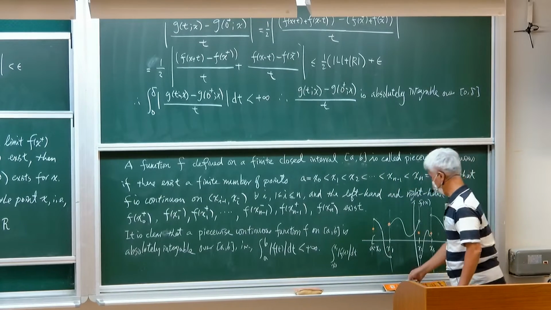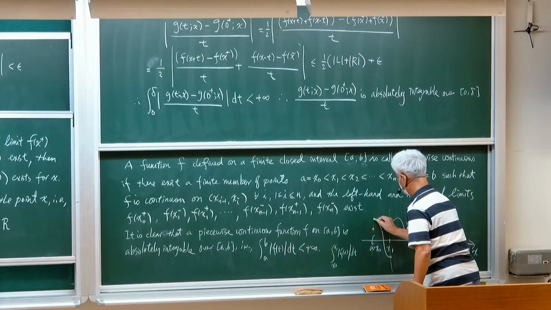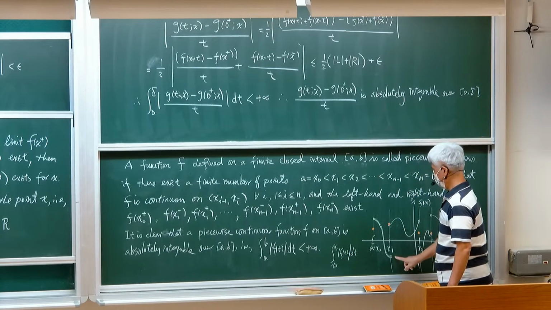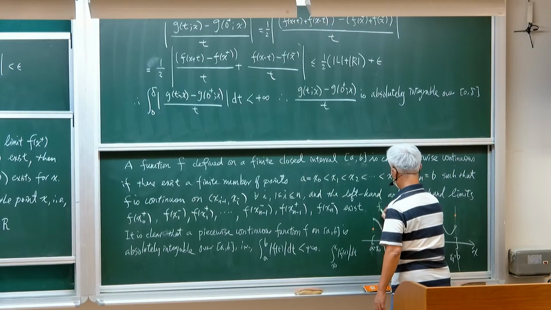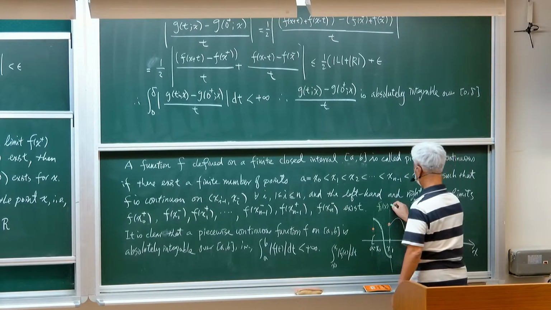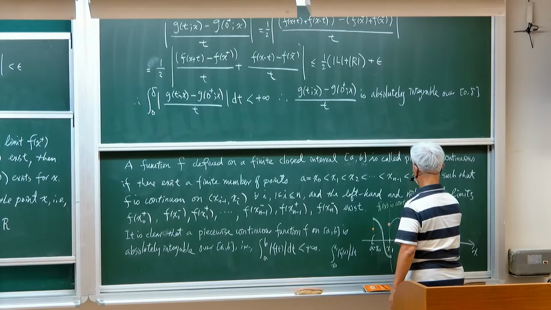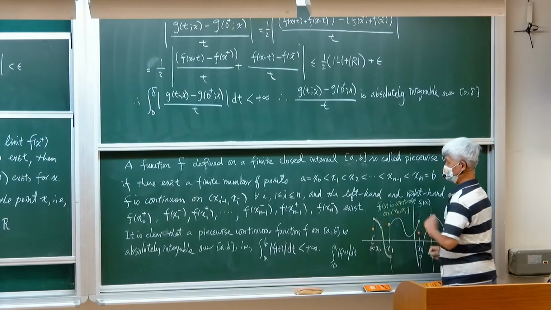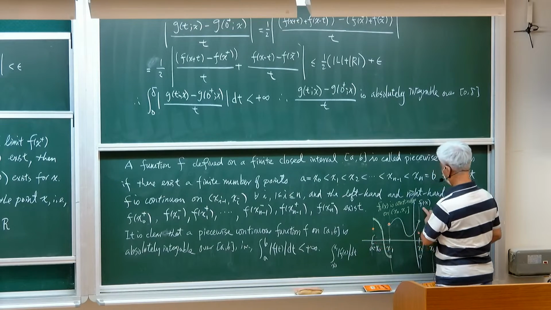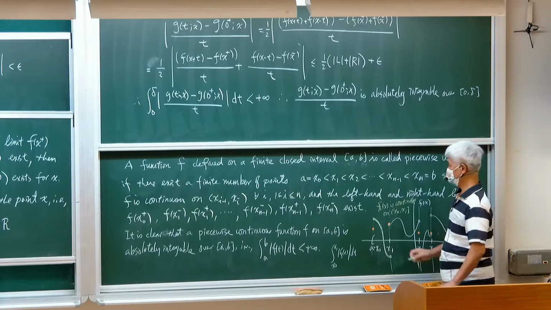Now we can define a continuous function called f1, which is continuous on the closed interval, because we define f1 of x0 to be the right limit of f at x0.